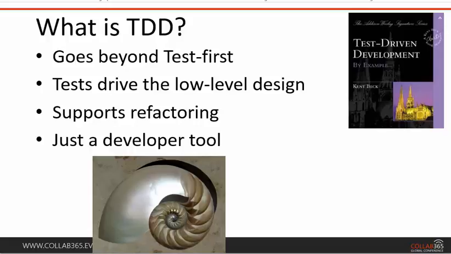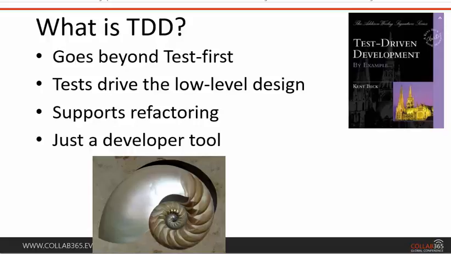So test-driven development really takes it a step beyond test-first. Test-first is building your tests before you build the production code, as opposed to the old way we used to do development, which was we'd build our production code with the intention of probably coming back later and building some regression tests around it, and we usually never got around to doing it.